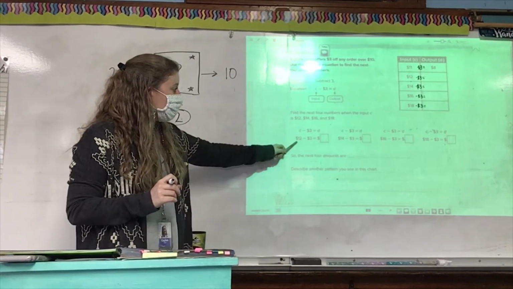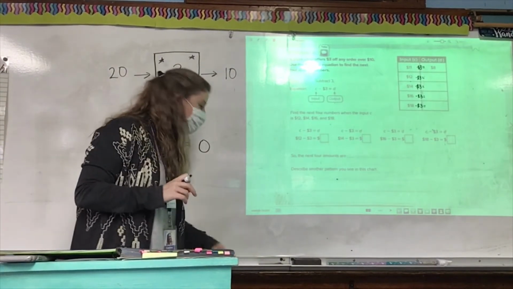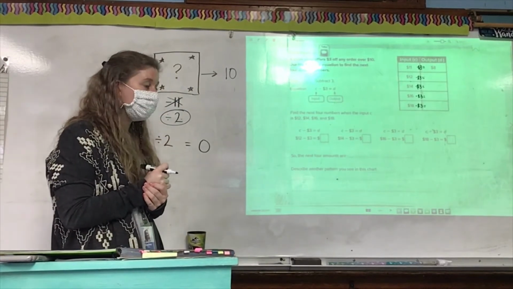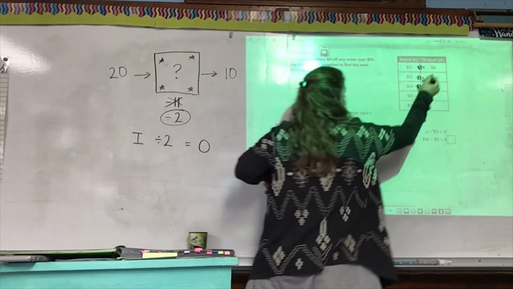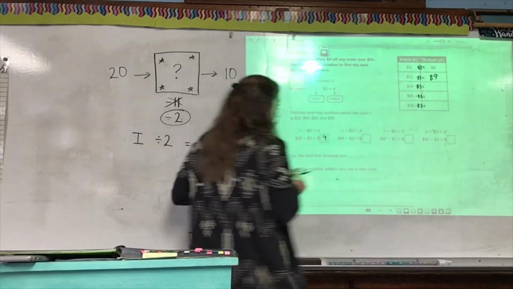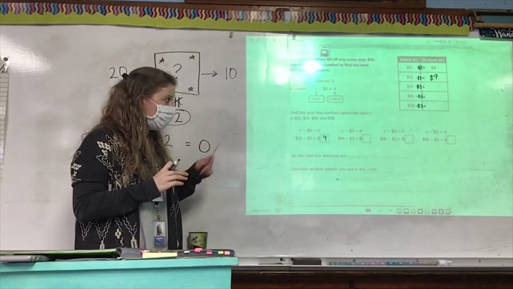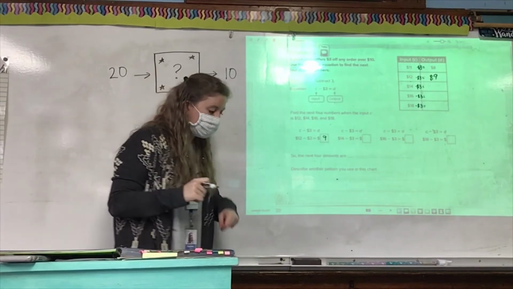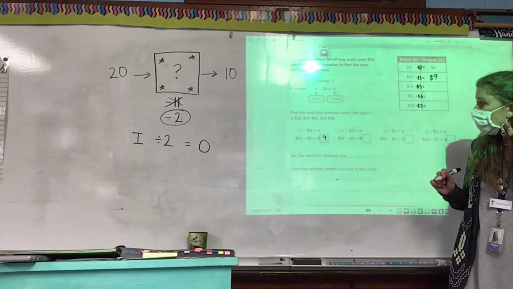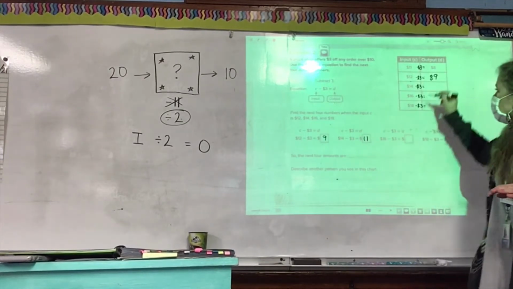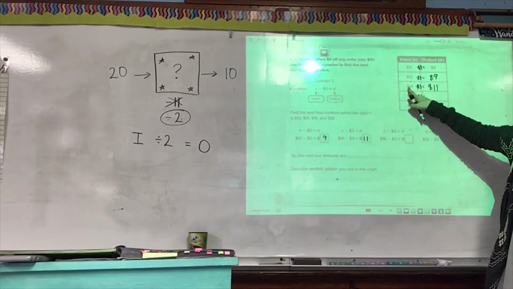So, if the total cost is $12, after the $3 discount, how much is the customer going to pay? Michaela? $9, because $12 minus $3 is $9. Now, if the total cost of the food is $14, and then they get the $3 discount, how much will the customer end up paying, Kingston? $11. So you imagine you put the $14 in the function machine.